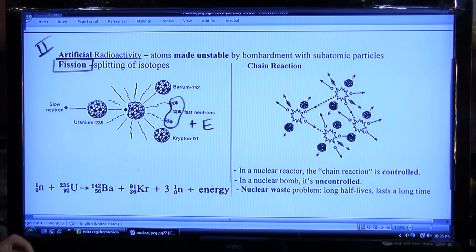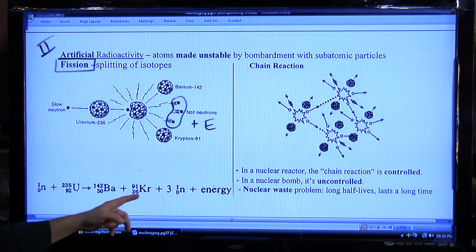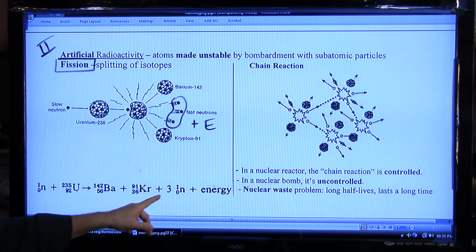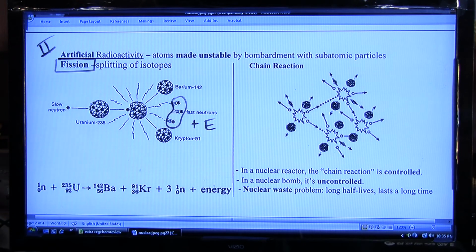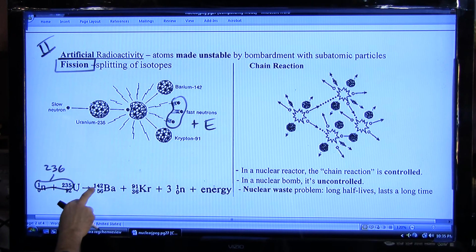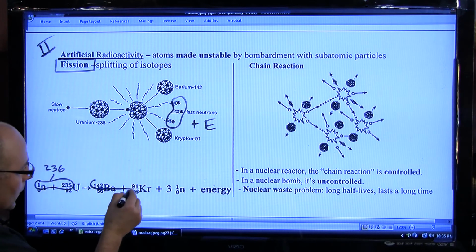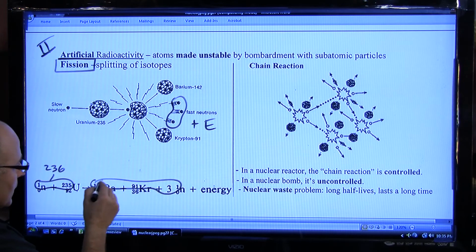And so combining these two together, and that's what man does, man combines them together so that we end up getting these smaller particles, the splitting, and the 3 neutrons. And you'll notice that the mass numbers, 235 and 1 gives you 236, and 142, 91, and 3 times 1 also gives you 236.